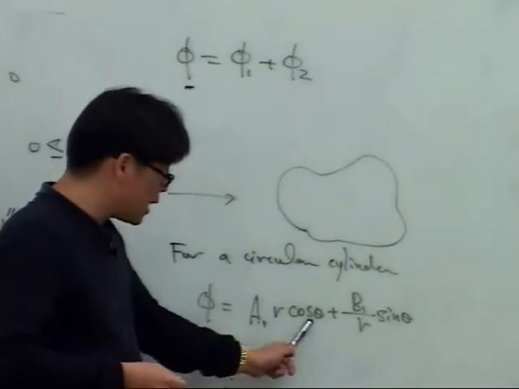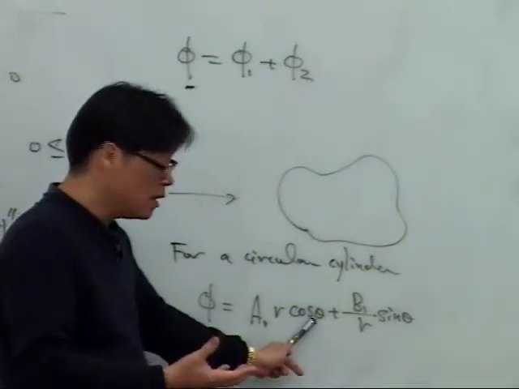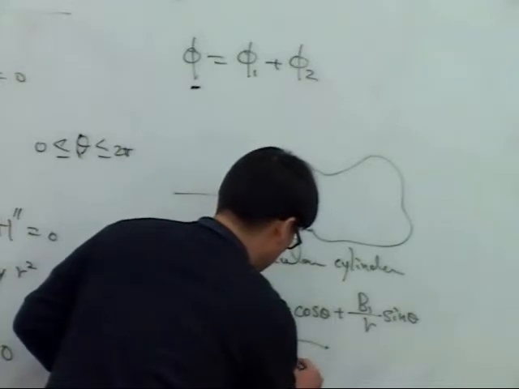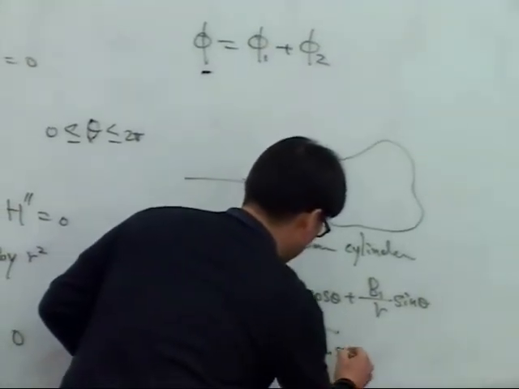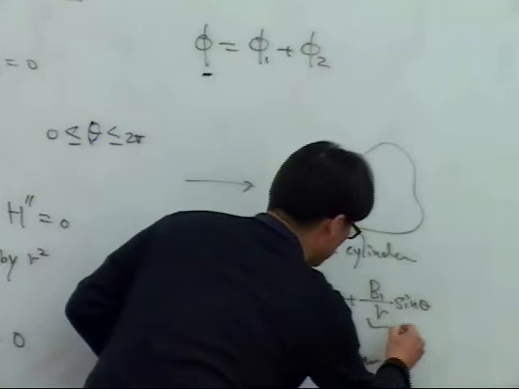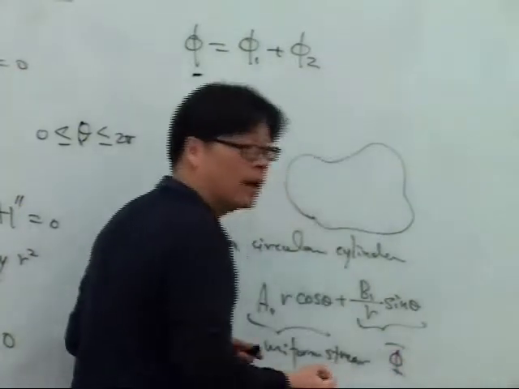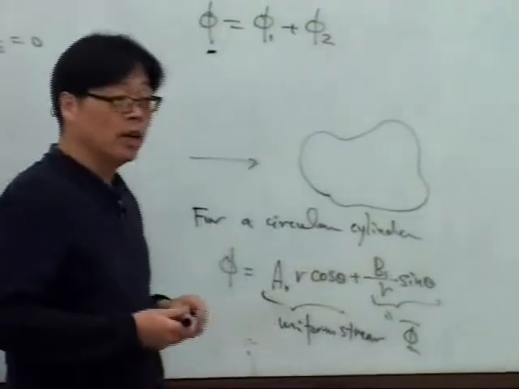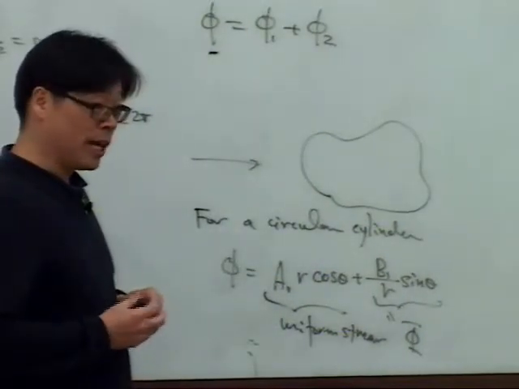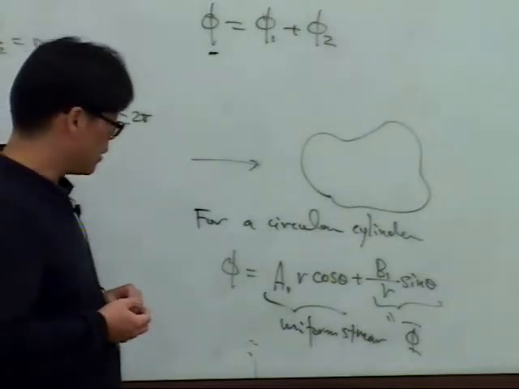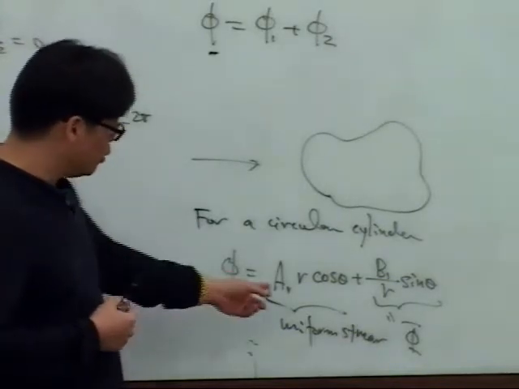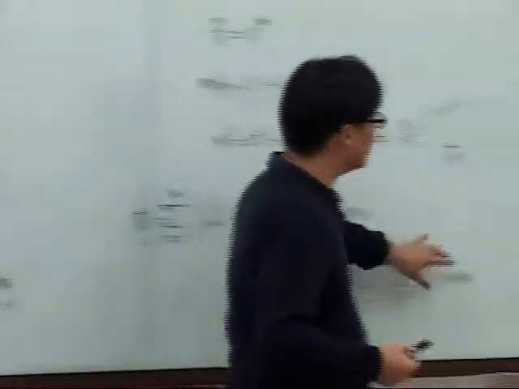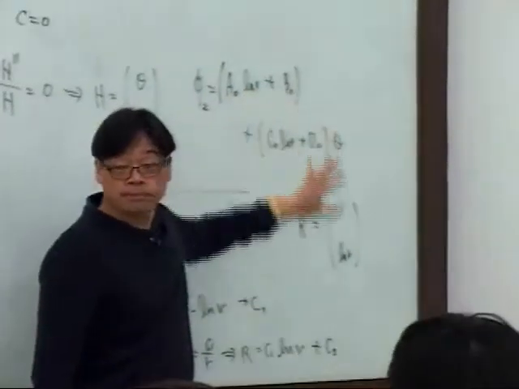R cosine theta is X. So this is a uniform stream. And this is a perturbation that we wrote as capital phi. And at that time, B1 was found to be U times A squared. Okay. So for a circular cylinder, you need only two terms among the infinite number of terms here and here.